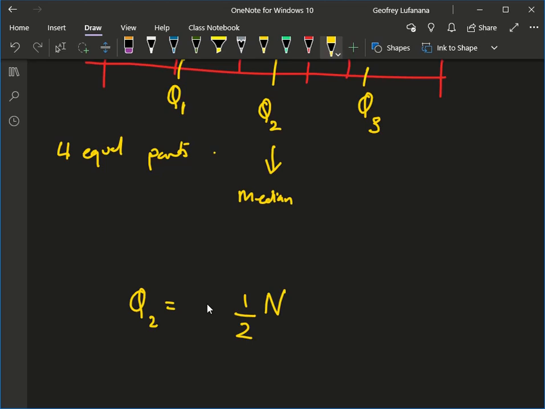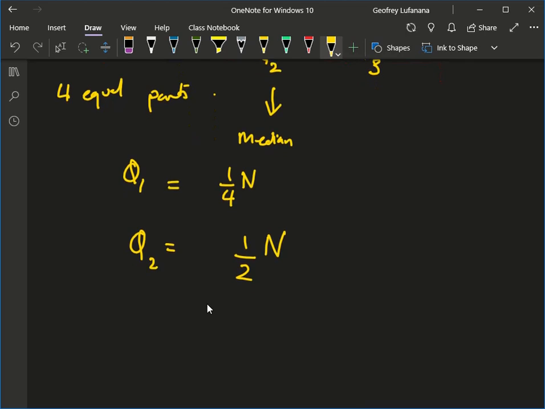That is n divided by 2. Then my lower quartile would be a quarter of your total data, and my upper quartile would be 3/4 of your total data. That is n.